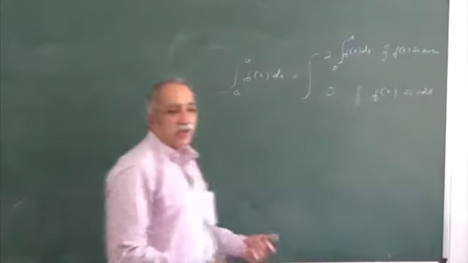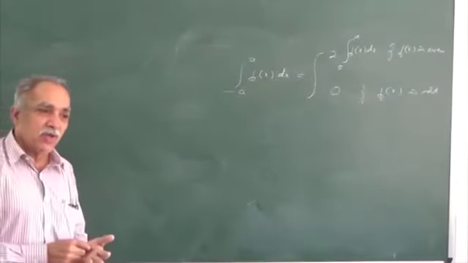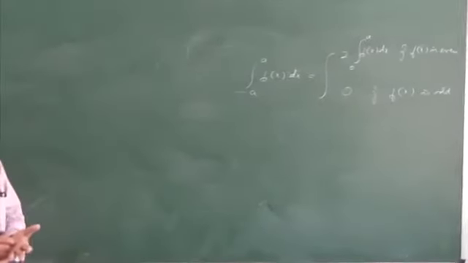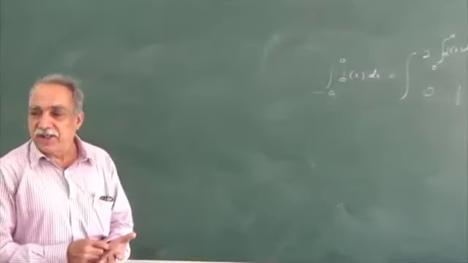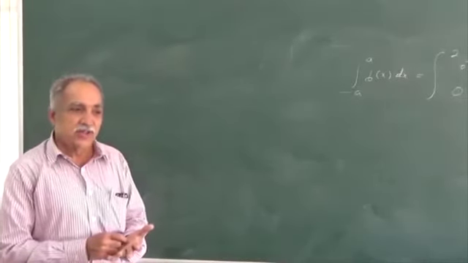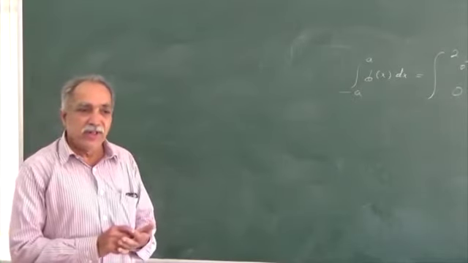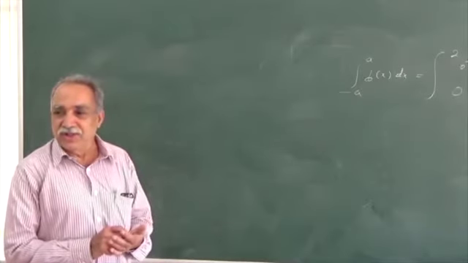When is a function said to be even? F of minus x equal to f of x, and odd if? Are there functions which are neither even nor odd? Yes, there are many. Is there any function which is both even and odd? Yes, one function.